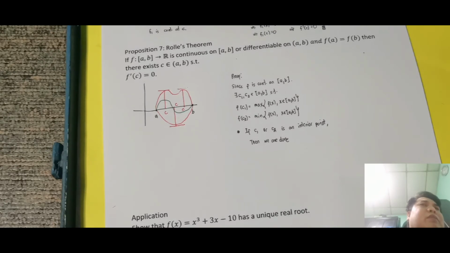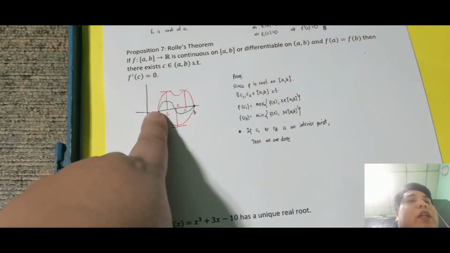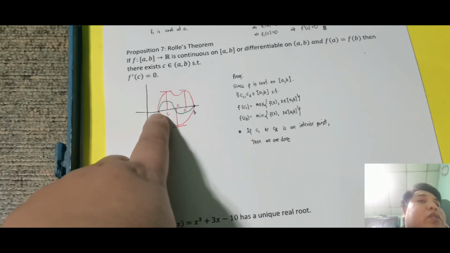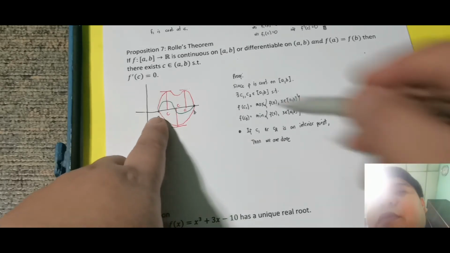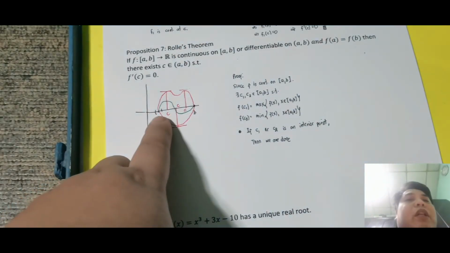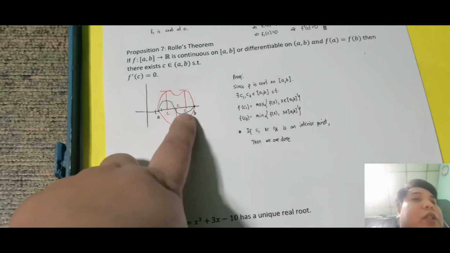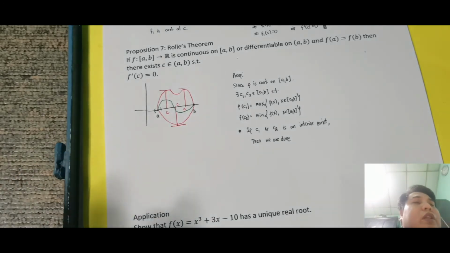Another thing na pwede kong sabihin is, sir, ano ba yung ibig sabihin mo na interior point? Kasi ganito, for example, si c1 ko, si a pala. Si a, hindi ko pwede sabihin interior point. Bakit? Kasi siya yung dulo ng interval. Makaka-form ako ng open interval, pero wala sa loob ng domain. Kung si c1 nasa loob, si c2 nasa loob, therefore automatic interior point sila. Tapos na tayo.